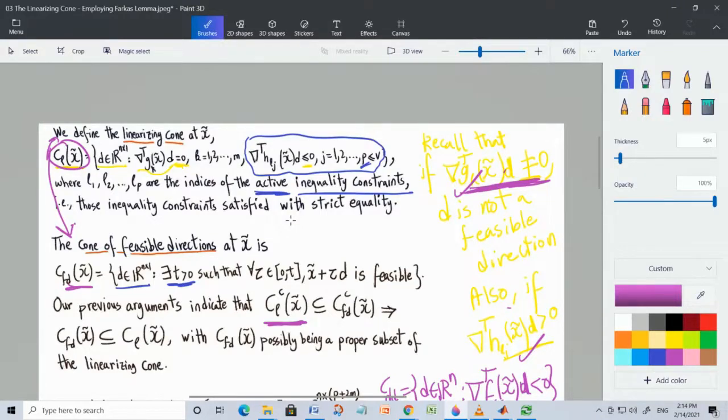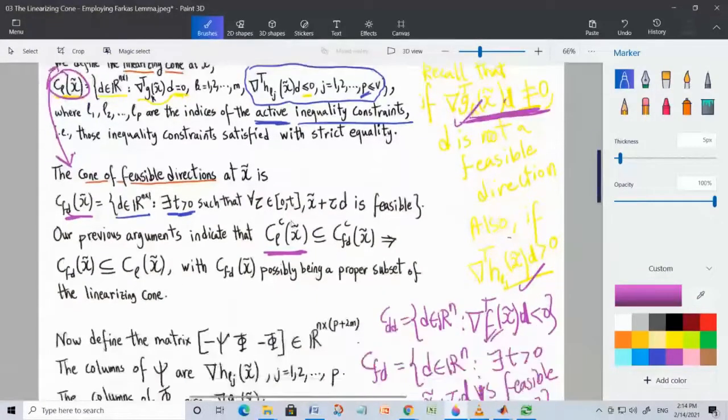So the complement of the linearizing cone is a subset of the complement of the cone of feasible directions, and so the cone of feasible directions is a subset, sometimes a proper subset, of the linearizing cone.